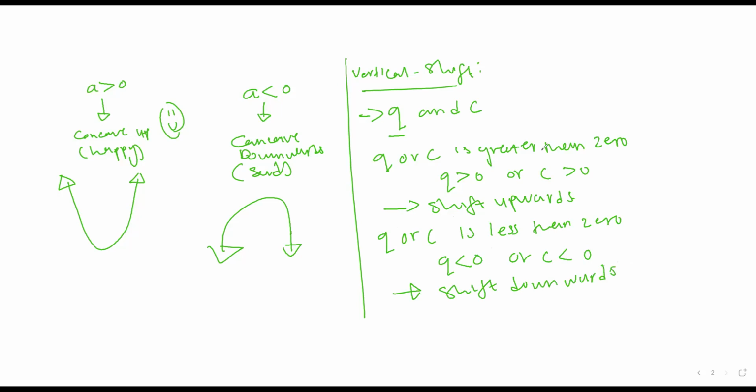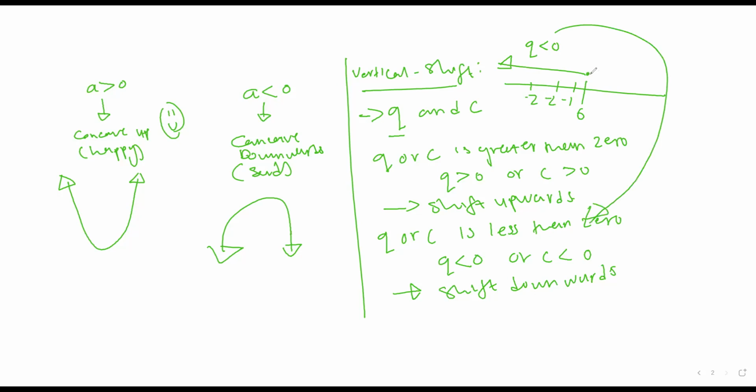In terms of less than or greater than, think of a number line where we have 0. Any numbers from this 0 going that side are less than 0, where we're talking about q less than 0, and the graph shifts downwards.